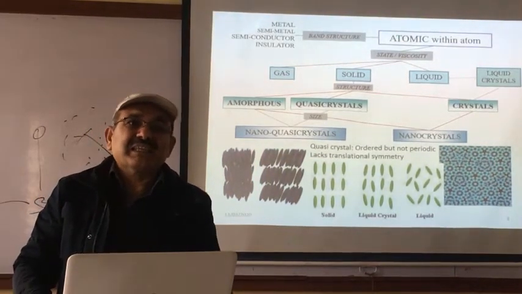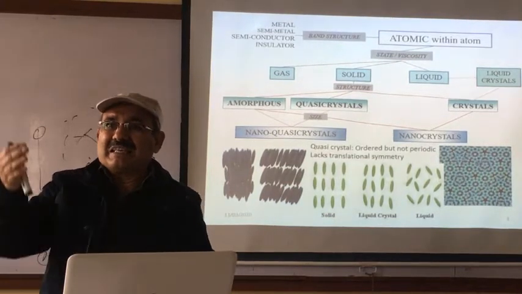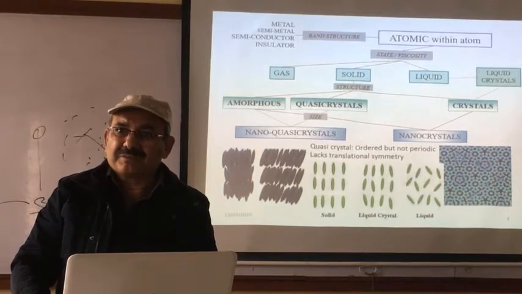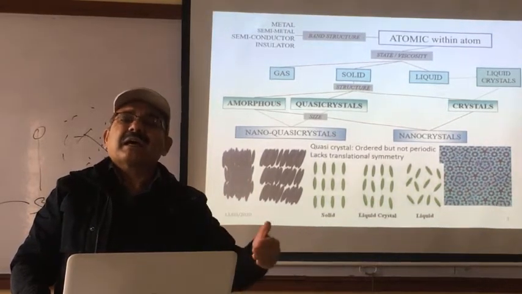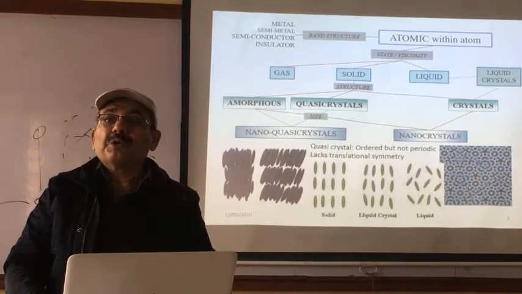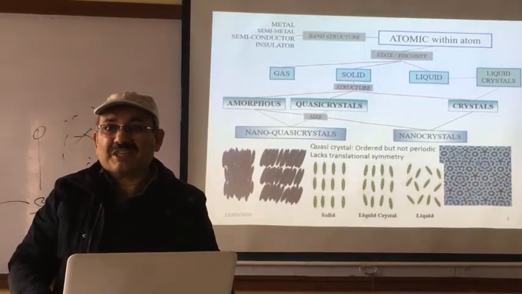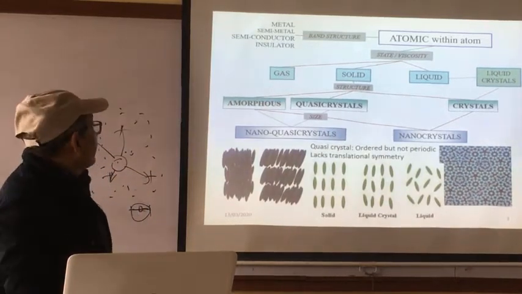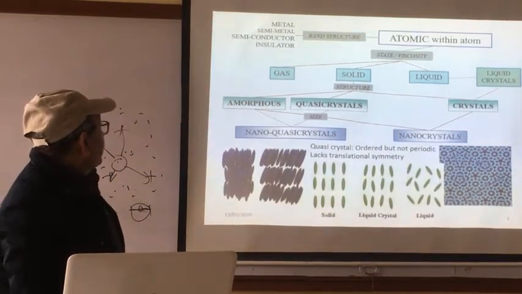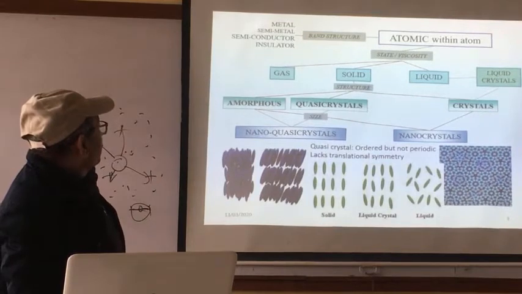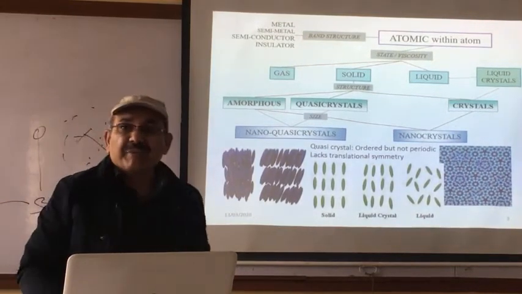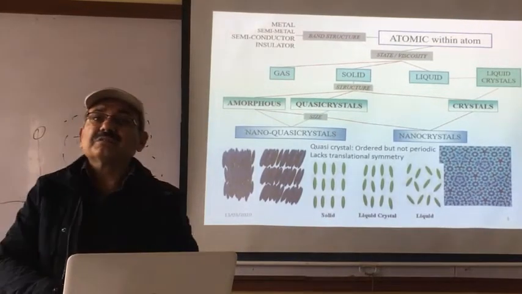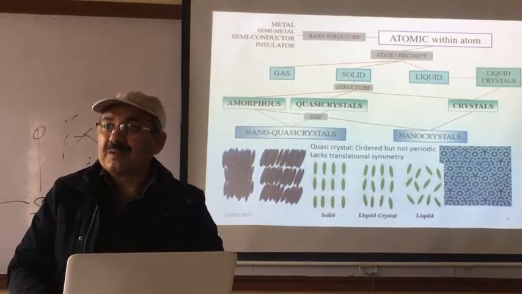Which can be easily displaced, which can be easily plucked out of the atom. Attraction. They are conductors. So, depending on the band structure of the material, obviously associated with the relevant atoms, we divide materials into 4 classes: metals, semi-metals, semiconductors, and insulators.